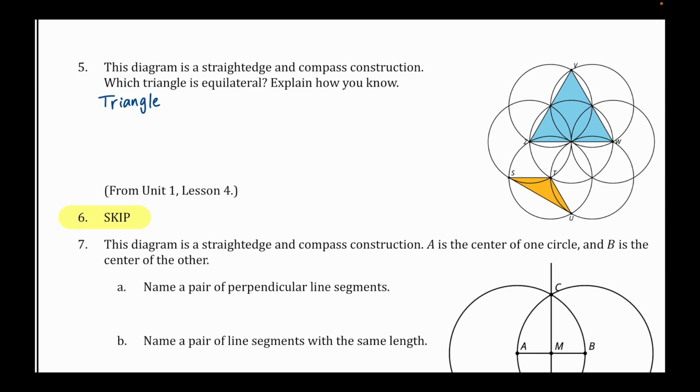I'm going to call it triangle VWZ, because that is actually alphabetical order. So triangle VWZ is equilateral.